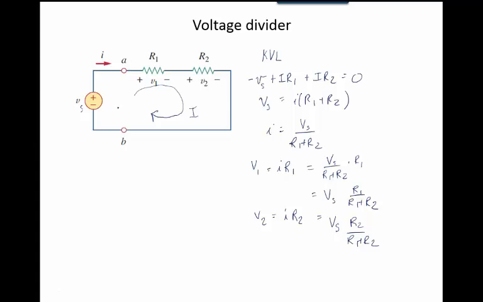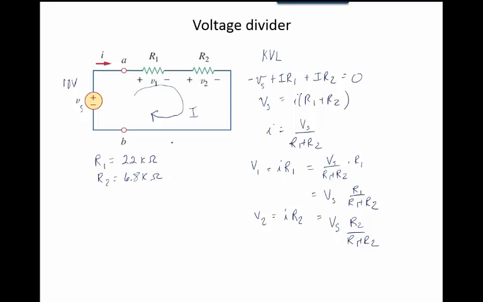So, a numerical example, for the fun of it, I'm going to make this 10 volts. I will make R1 and R2 real numbers. R1 equals 2.2 k ohms. R2 equals 6.8 k ohms. Your book likes to use unreal values of 2, 4, 10, weird resistance values that are very small.